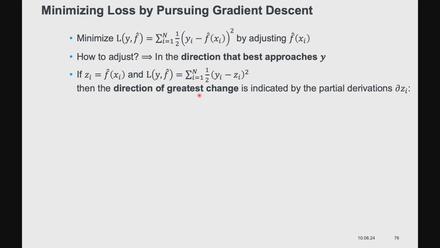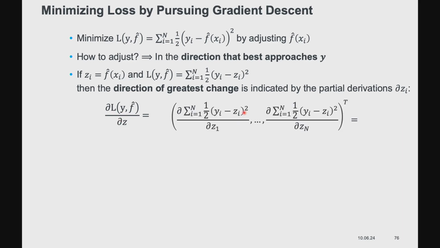And then the direction of the greatest change, the reduction of this loss, comes when I take all the partial derivatives with respect to zi, so the gradient. So I compute the gradient vector for this loss function. That means I take the partial derivative of this loss in every dimension, namely with regard to all data points. I have n data points and I take all these partial derivatives.